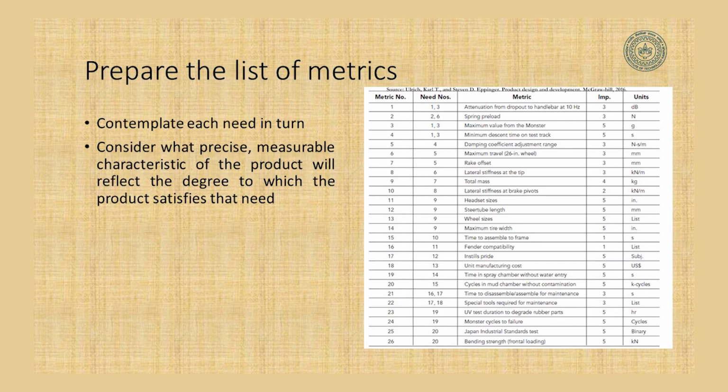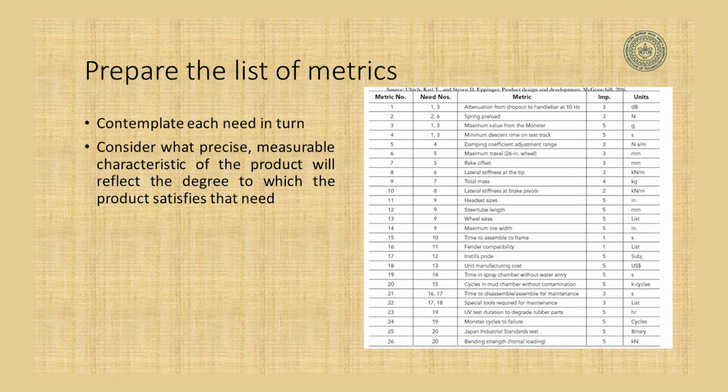Or reducing vibration and enabling a high speed descent may be characterized by metrics such as the maximum value from the bicycle in G, okay. The force that is transmitted, 5 G, or the minimum descent time on the test track is 5 seconds.